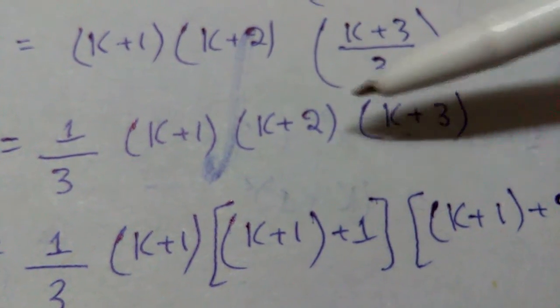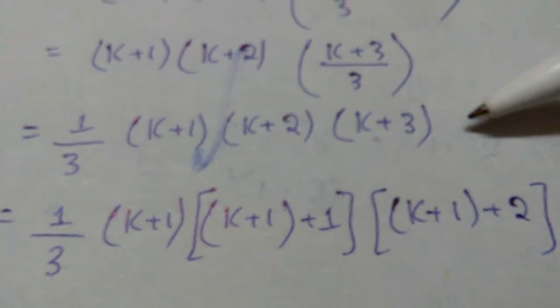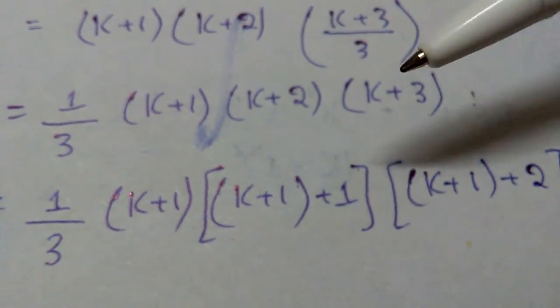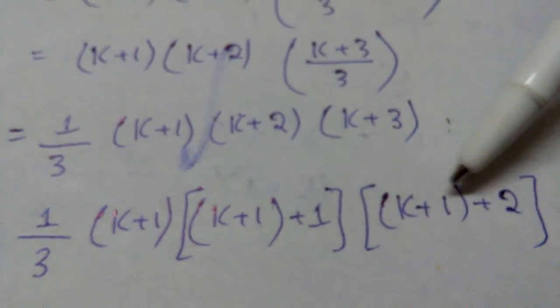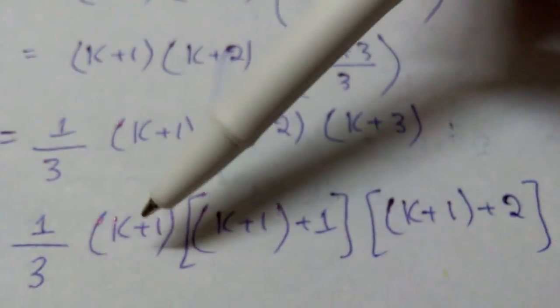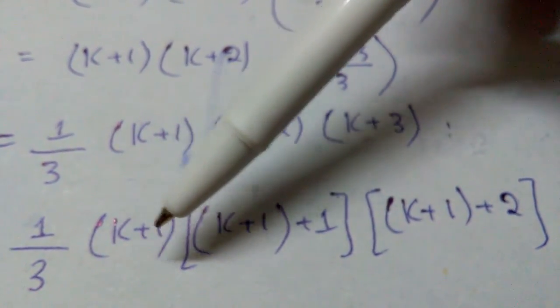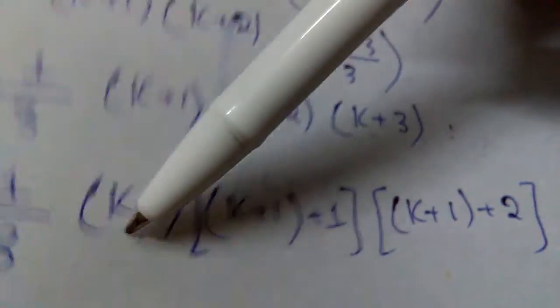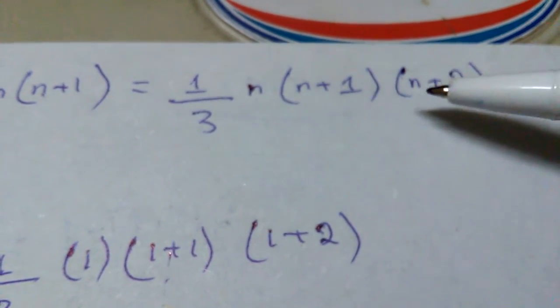If I organize these factors exactly in the format of n plus 1, as I'm taking my n equals to k plus 1, I can write k plus 2 in this way and k plus 3 in this way. So here, if at the place of k plus 1 I put my n, I'm exactly having the same format that is mentioned in the question. This is k plus 1, this is k plus 1, this is k plus 1.